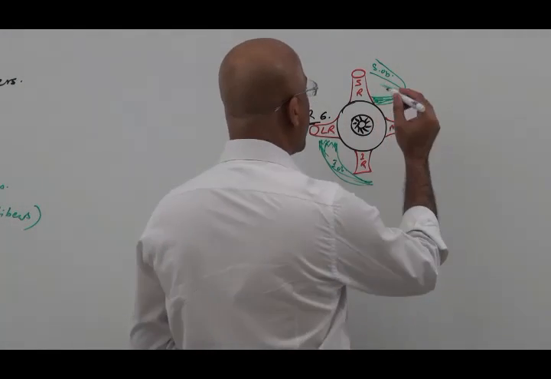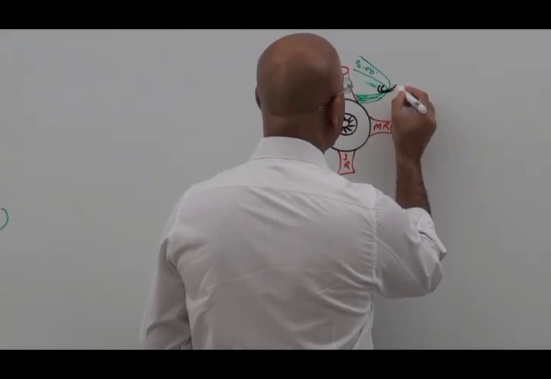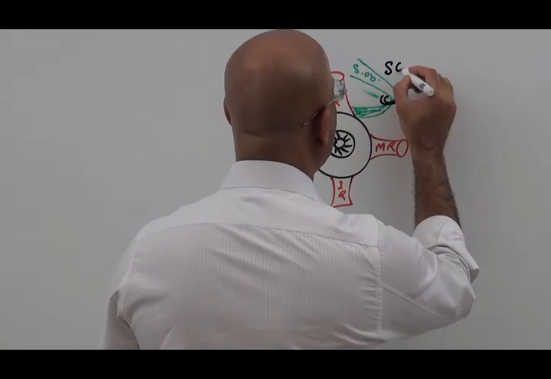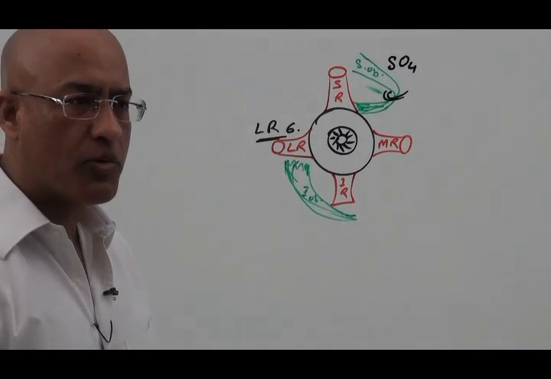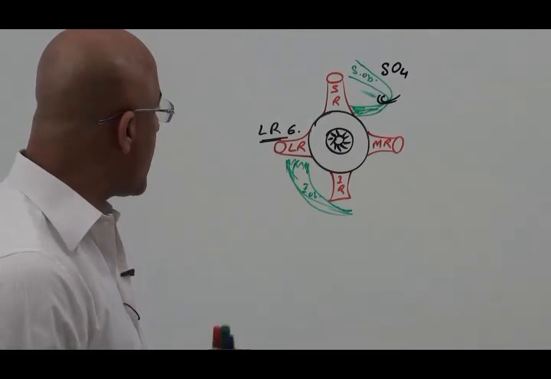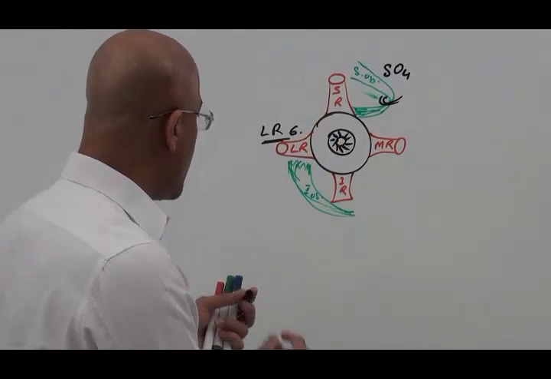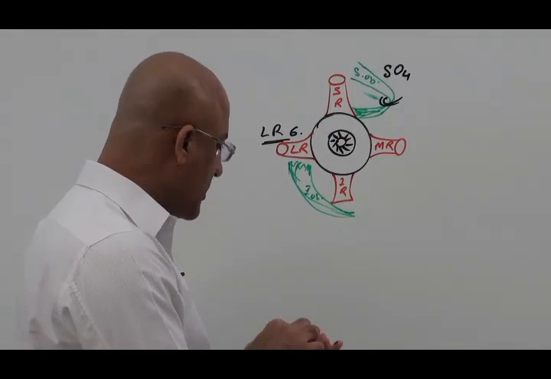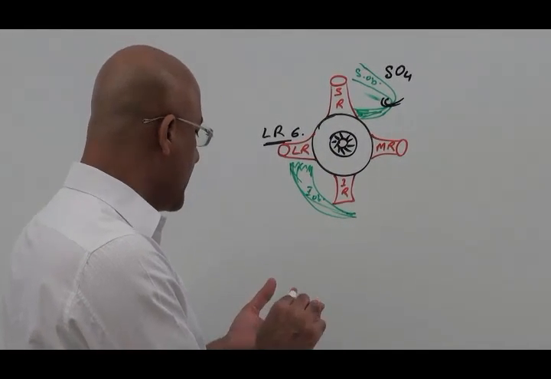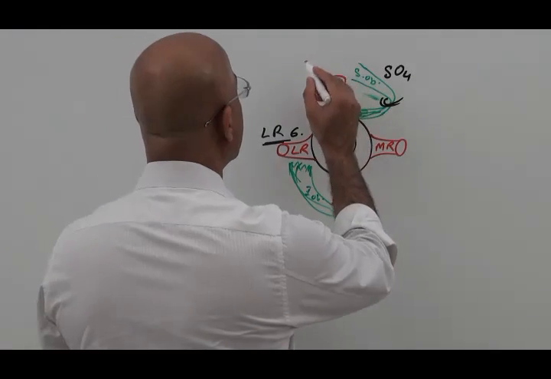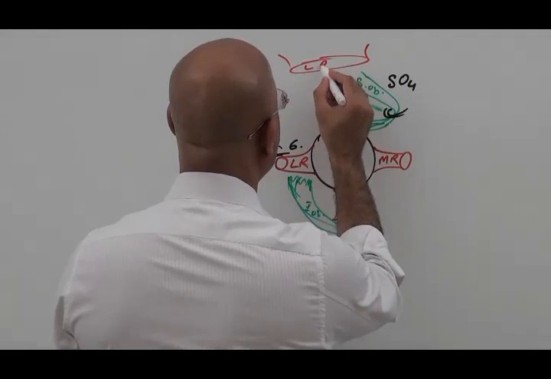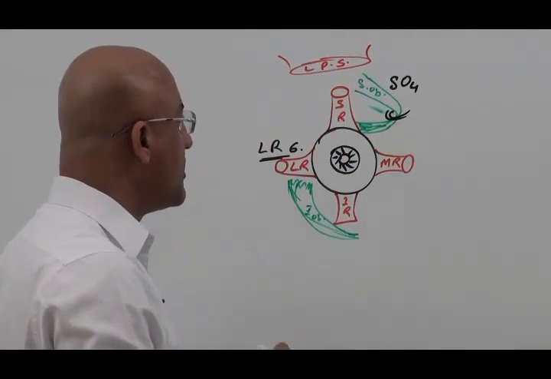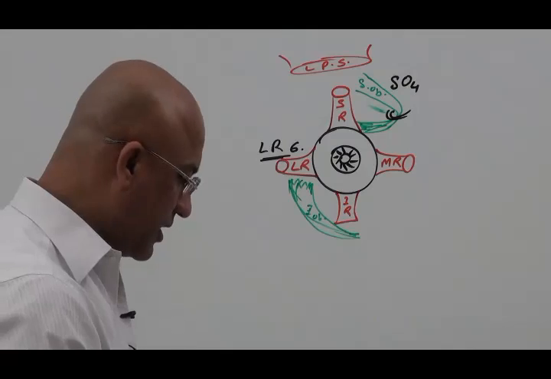And superior oblique, right, here is a pulley around which it is going, it is SO4, superior oblique supplied by the fourth cranial nerve, or trochlear nerve, right? Now all the remaining muscles are supplied by the oculomotor nerve. Along with that, there is another muscle, yes, levator palpebrae superioris. This is also supplied by the third cranial nerve.